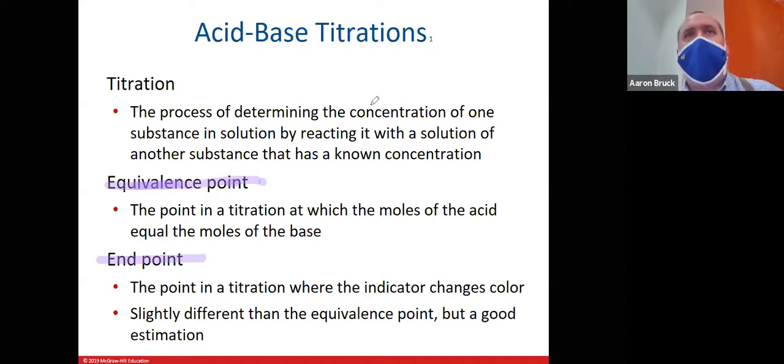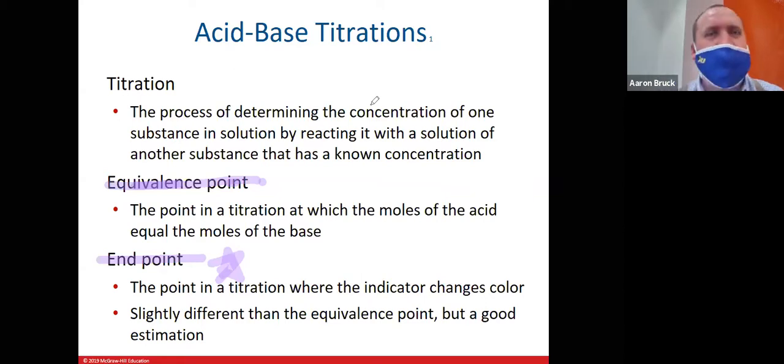And so what we look for is an endpoint, a place in time in our titration where the color change occurs. And when we do titrations, this is ultimately what we are seeking, the endpoint. Because the endpoint gives us a visual cue that tells us, oh hey, the chemical reaction we were looking at is done now.